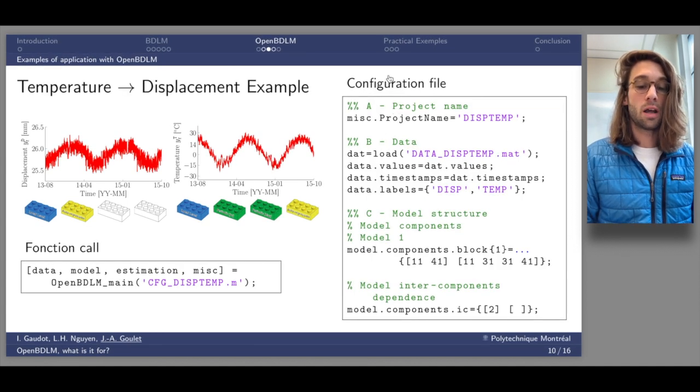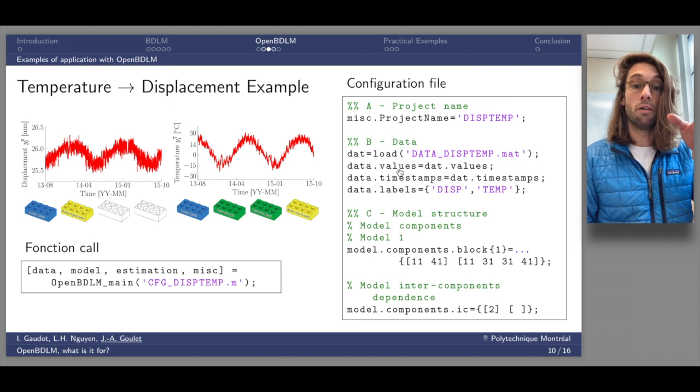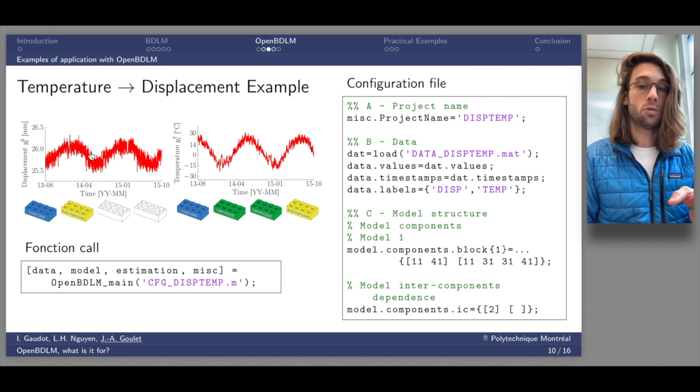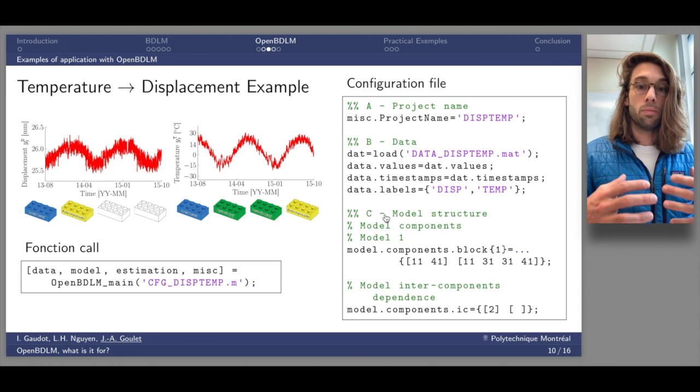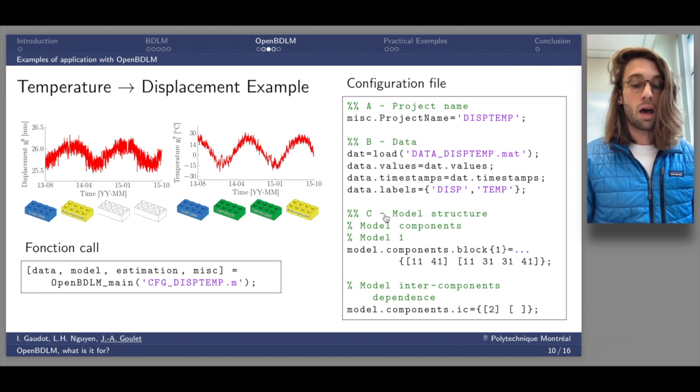So project name and data remain mostly the same, except that now in data.values, what you have is a matrix of two columns. First column is the first time series, second column is the second time series. Now in C, where we define our model structure, we now have in our cell array two vectors.